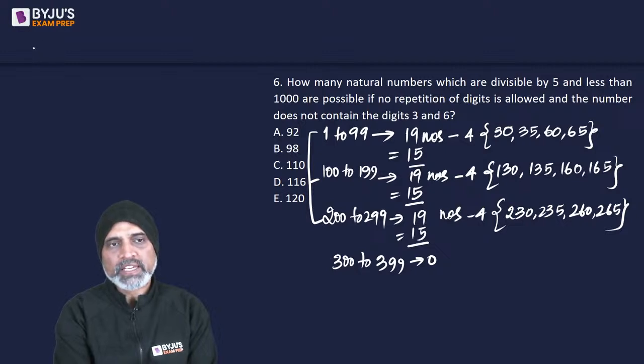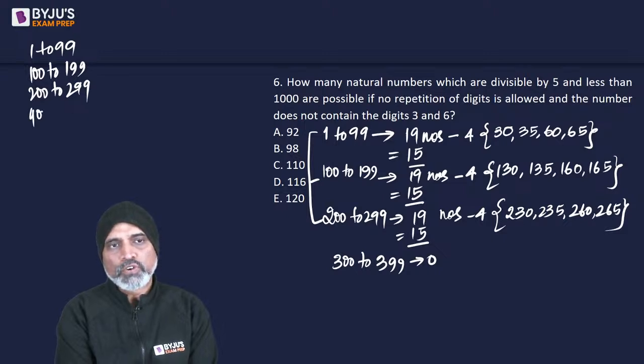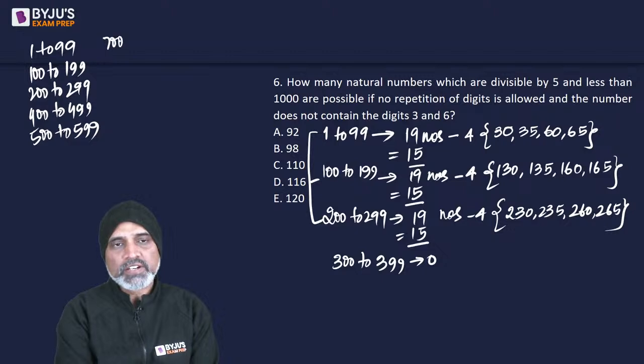So we will be getting 1 to 99 में 15 values, 100 to 199 में 15 values, 200 to 299 में 15 values, 400 to 499 में 15 values, 500 to 599 में 15, 700 to 799, 800 to 899 and 900 to 999.